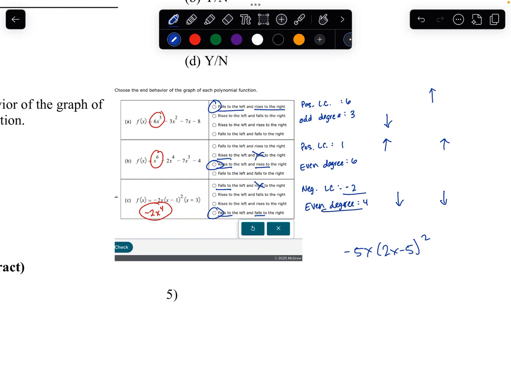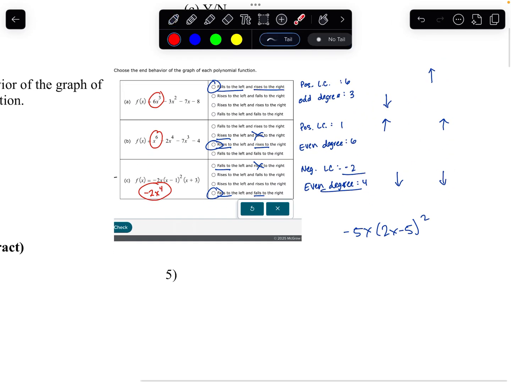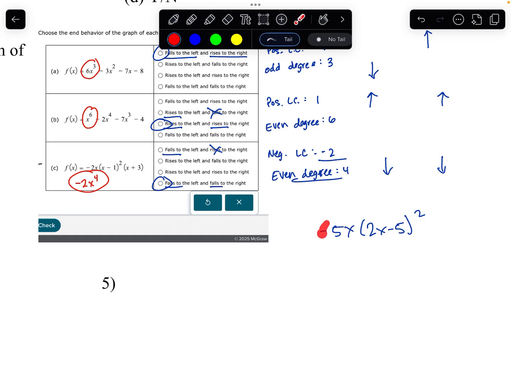So the leading coefficient will actually be negative 5 and 2 times together. Ooh, the 2 is being squared. Either way, the leading coefficient honestly doesn't matter what it is, except that it's negative. It's definitely going to be negative because we have this negative 5.